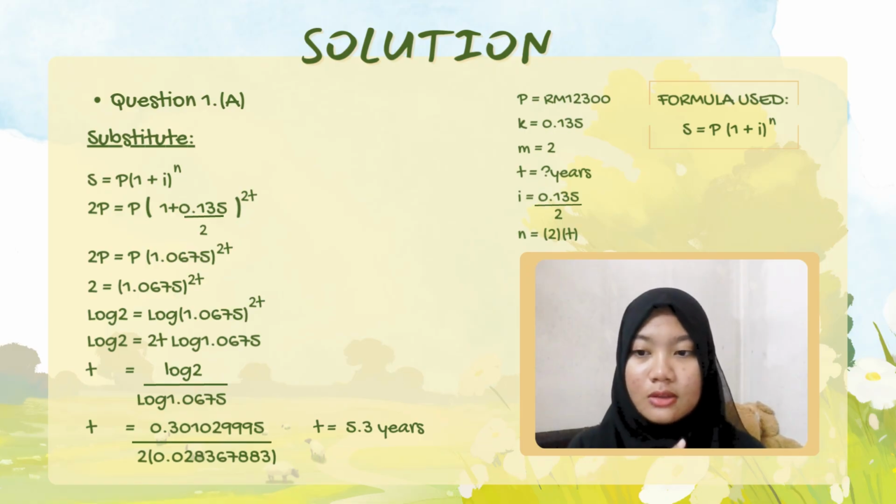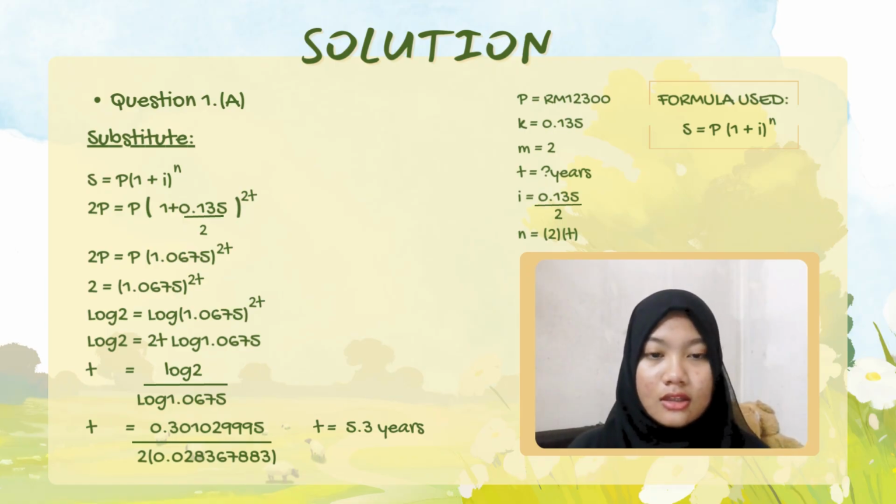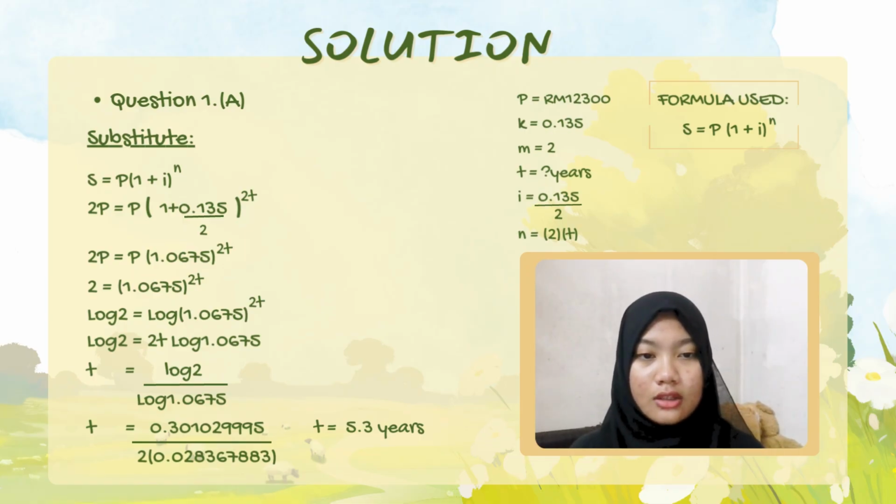Then we do the 1 on the other side and cancel the 12,300 because it's the same, and we get 2 equals 1.0675 to the power of 2t. Then we are going to use the logarithm rules in this question. So we insert the log: log 2 equals log of 1.0675 to the power of 2t.